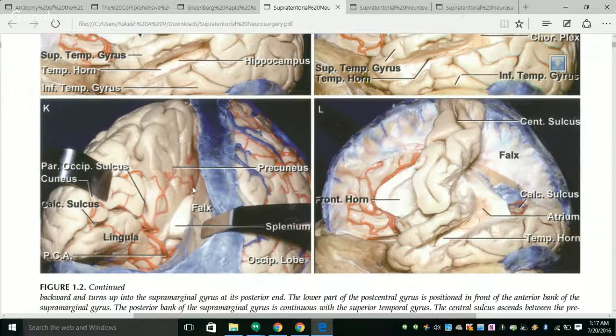So the hemisphere which needs to be hanging in order to have the approach is positioned nearer to the floor, and then you have the hanging hemisphere approach. So this is an amazing name that I remembered. Usually corpus callosotomy can be done in this way.